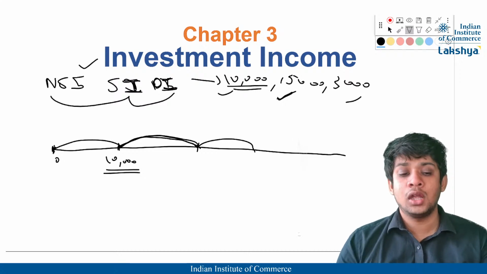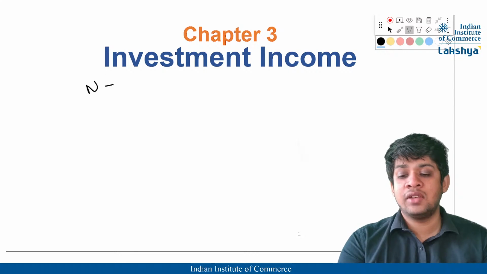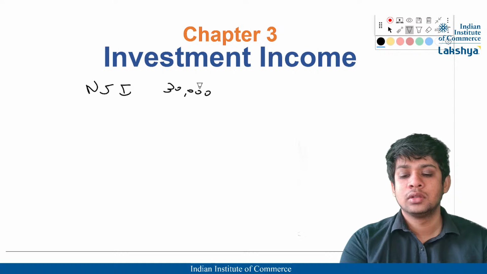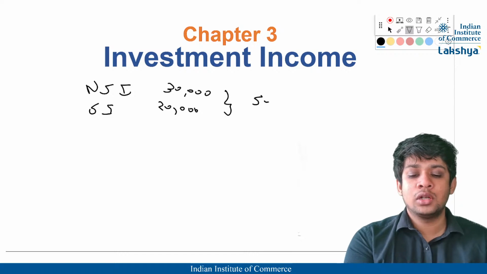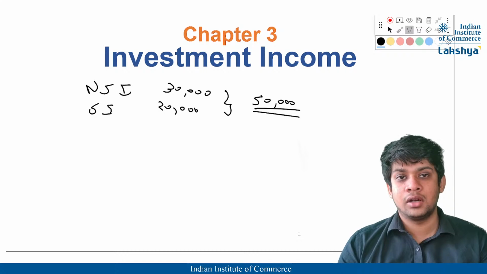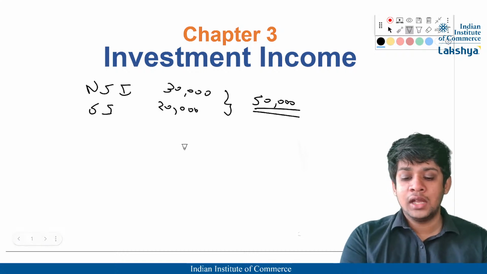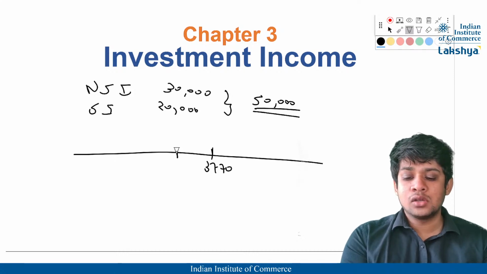dividend income. Okay, that means what I'm trying to say here is that if in case his non-savings income is 30,000 and his savings income is 20,000, in total his income is 50,000, so he's crossing the bar of 37,700. So technically, if this is the bar of 37,700, then 30,000 is his non-savings income.